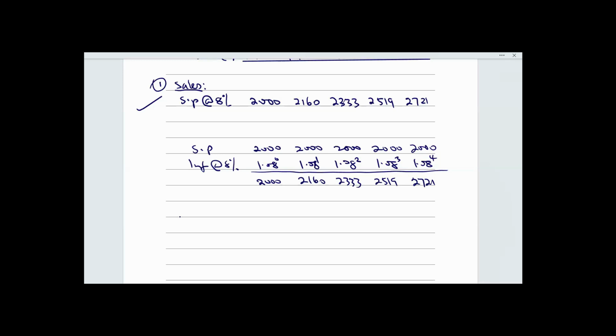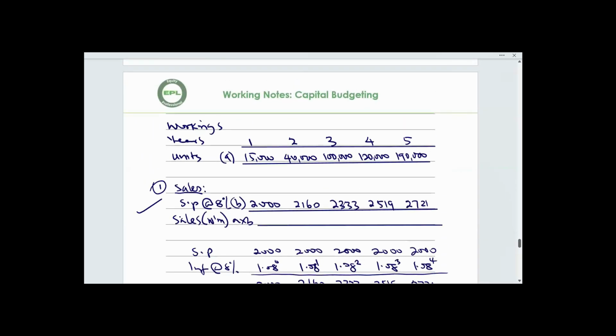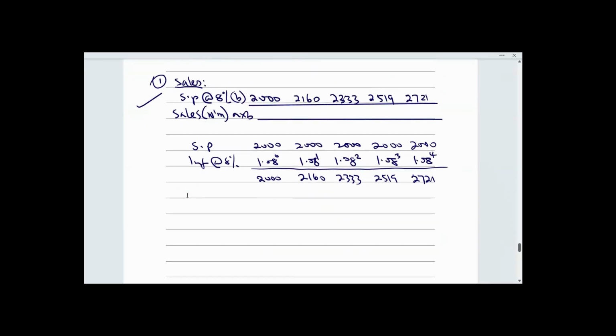Then units, I will then say total sales. Let's say this is B, then sales in million equal to A times B. The number of units according to the question is 15,000.